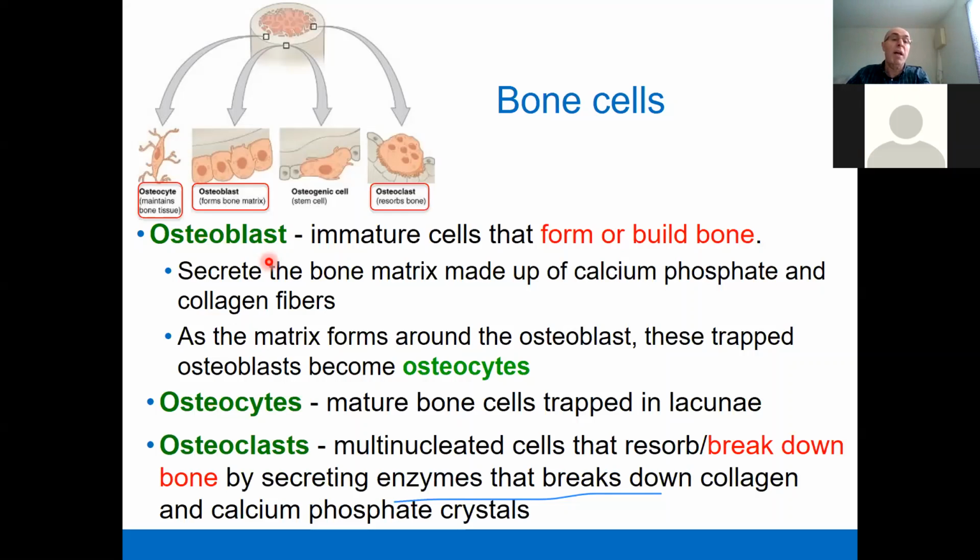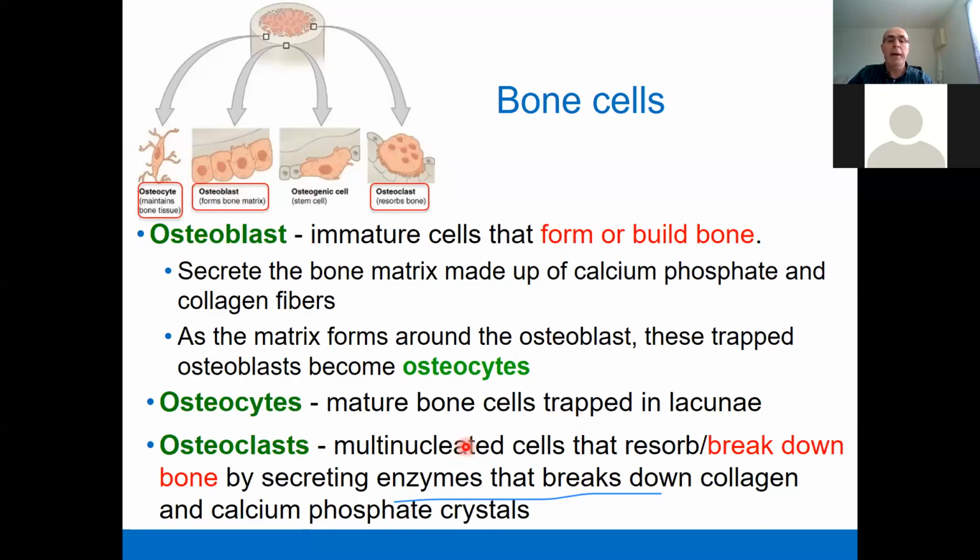And osteoclasts are another important class of bone cells. As you see here, these cells are multinucleated. There are several nuclei in the cell, while an osteoblast has only one nucleus.